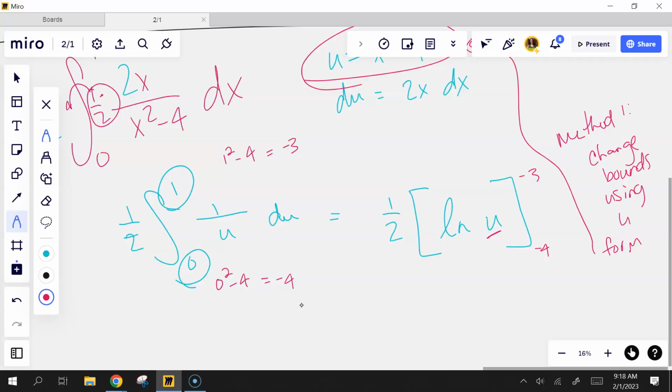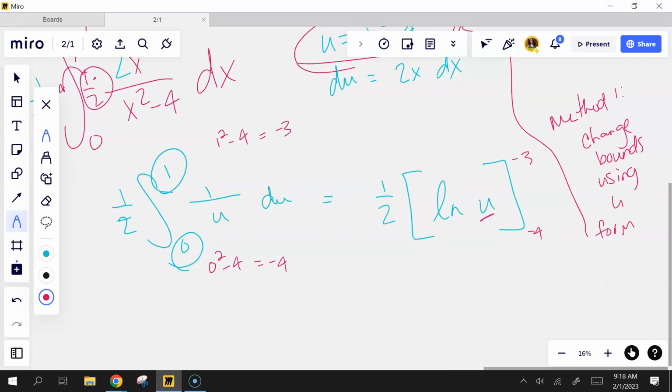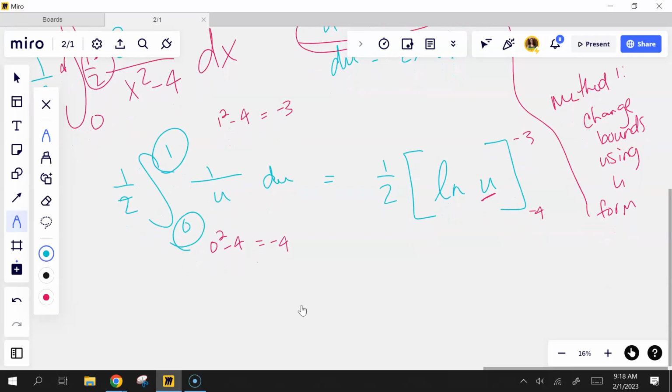So now I don't have to go back. I can just leave this as 1/2 and then evaluate natural log of negative 3 minus natural log of negative 4. That's method 1.